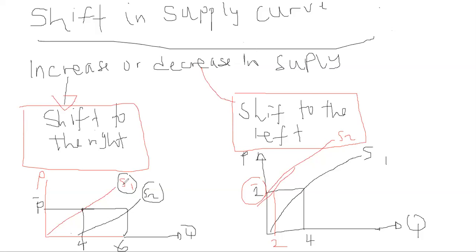So we see that there can be shift in supply. The shift can be to the right, which is the same as increase in supply. The shift could be to the left, which means decrease in supply. So we have demonstrated that. The next question is what are some of the variables that could cause shift in supply curve?